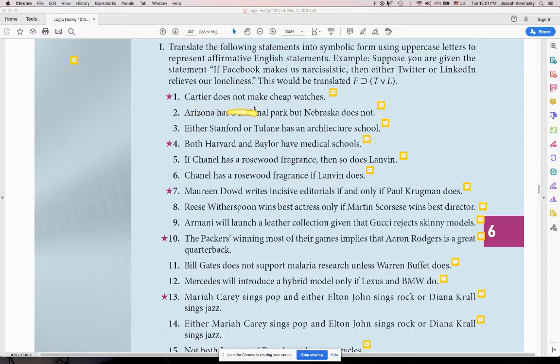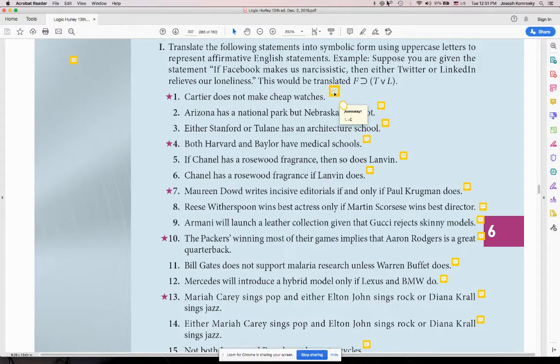Basically, Cartier does not make cheap watches. We'll say that whole statement about reality, that whole sentence right there, we're just going to say equals C. But since it says Cartier does not make cheap watches, we'll say not C. The whole thing represents not C, because again, the whole point is we're translating sentences using symbols. So not C would be the answer.